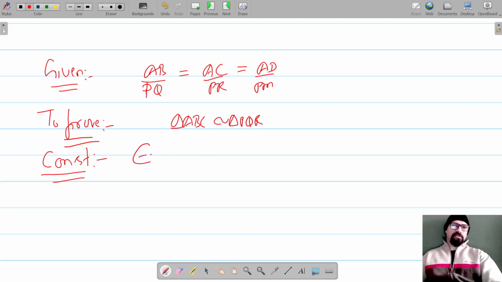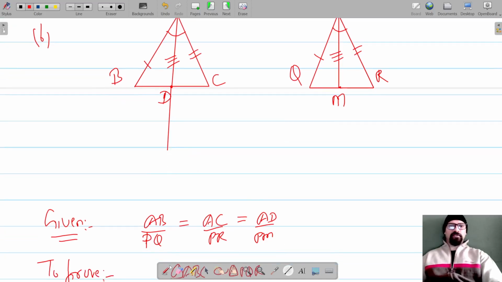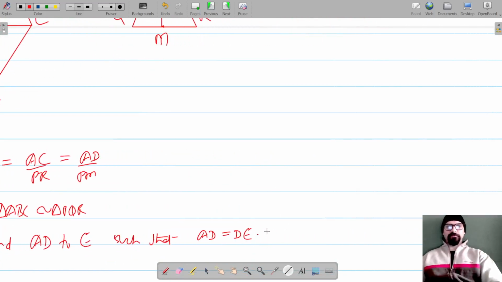So I've extended AD to E such that AD is equal to DE, and then I'm going to join B to E and C to E.